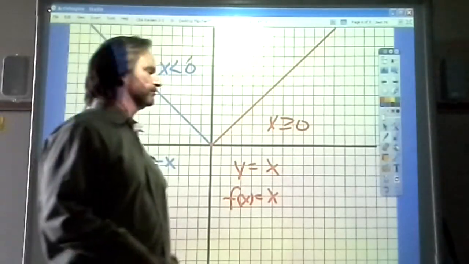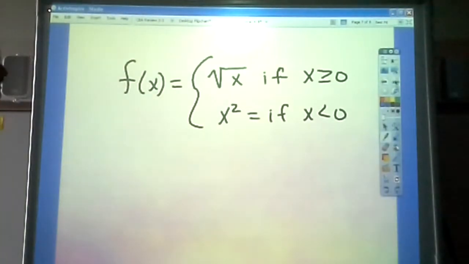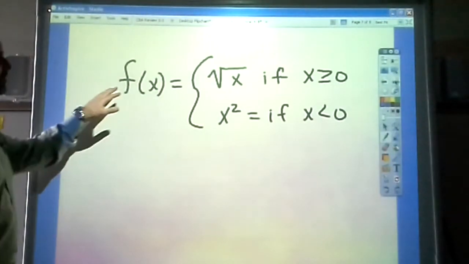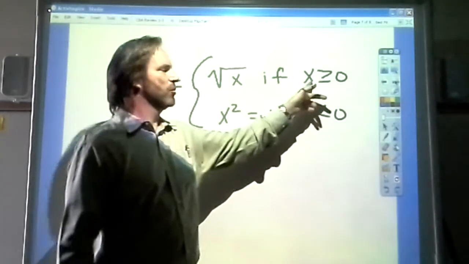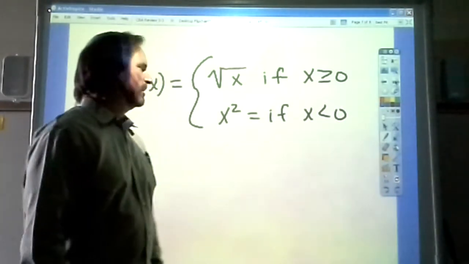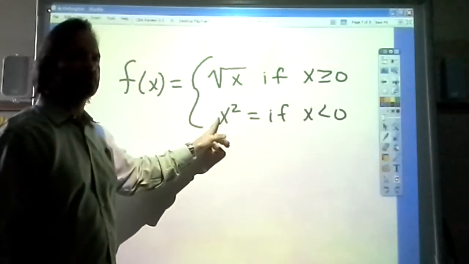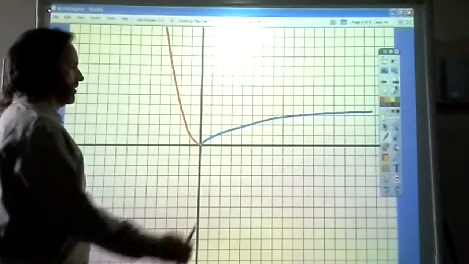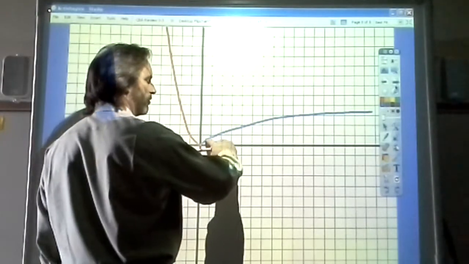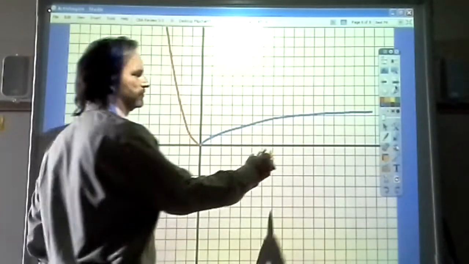Let's do one more. I've got my function f of x is going to be the square root of x if x is greater than or equal to 0. And when x is less than 0, we're going to use f of x equals x squared. If we look at this graph, here's my square root function for x being 0 or greater.